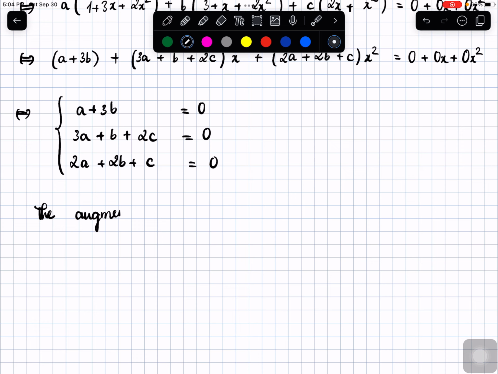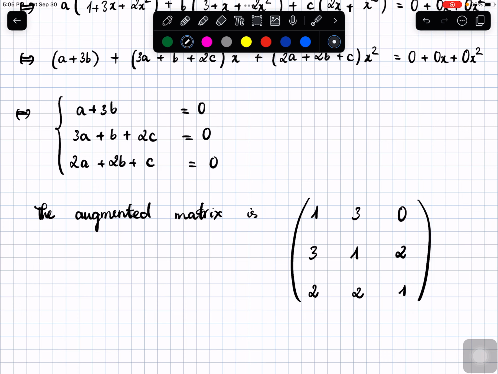Augmented matrix: 1, 3, 0, 3, 1, 2, 2, 2, 1. This is our augmented matrix.